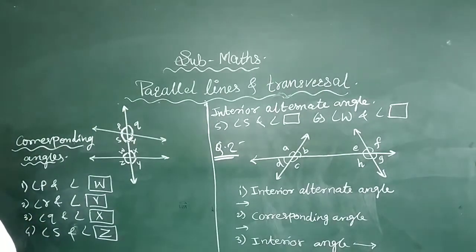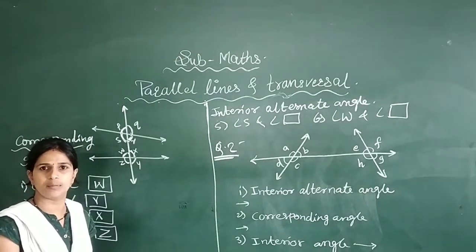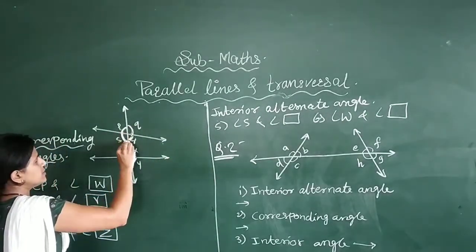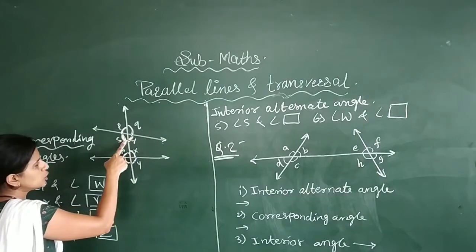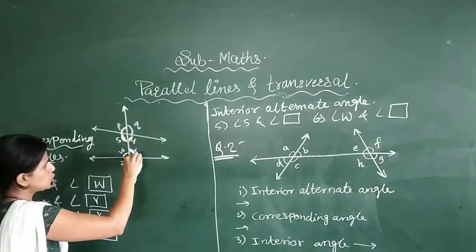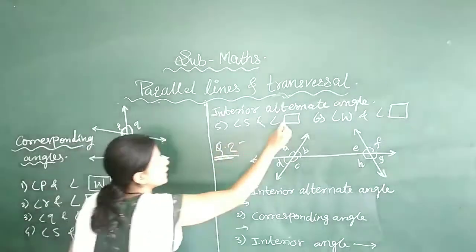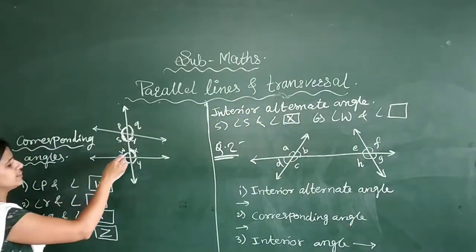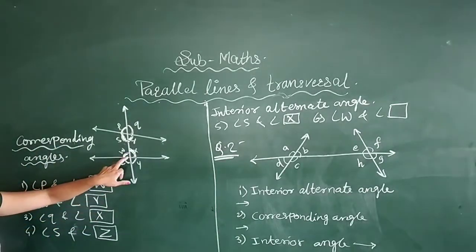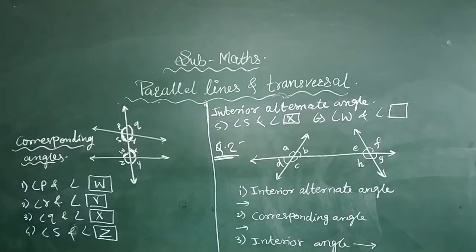Okay. Now, interior alternate angles. Alternate means opposite side. Interior means inside. Inside, but they are opposite to each other. This is S, which is opposite to this S, but it should be inside. This is the opposite, right? Opposite angle and inside. So S and X. And W, where is the W? This is your W, which is opposite to this W, and we need interior also.